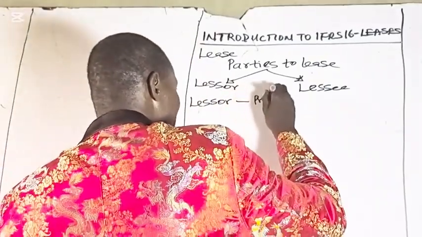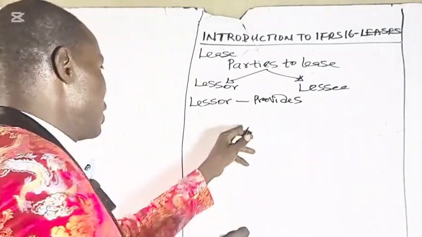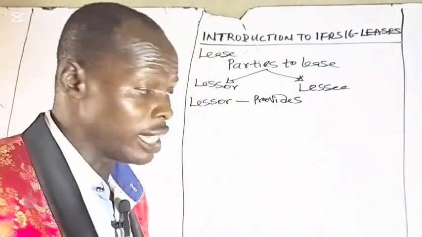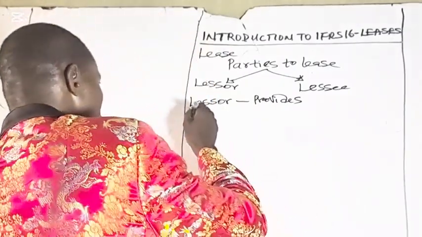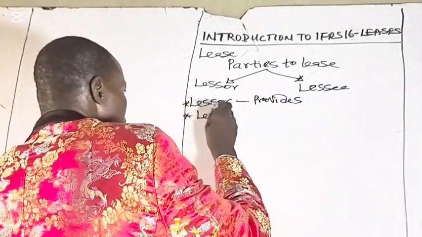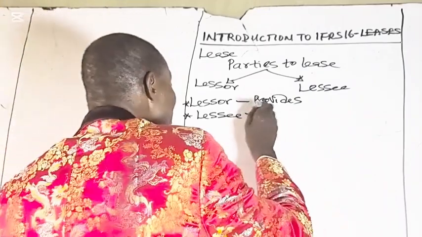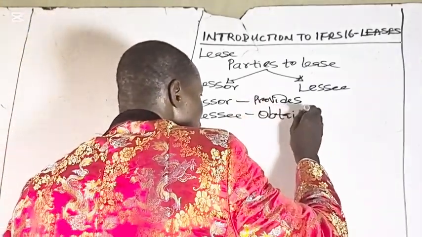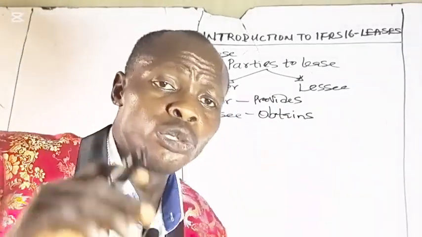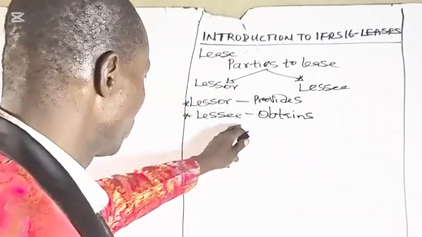The lessor provides the right to use the underlying asset in exchange for consideration. Then the second party is the lessee. The lessee is the entity that obtains the right to use the underlying asset in exchange for consideration.